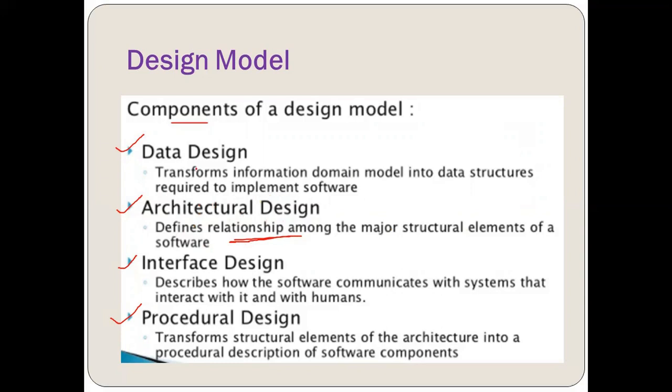Interface design describes how the software communicates with the system and with humans, that is, the environment. And lastly, the procedural design transforms structural elements of the architecture into a procedural description of software components. Let's understand it in detail.